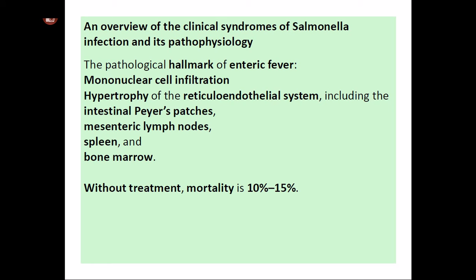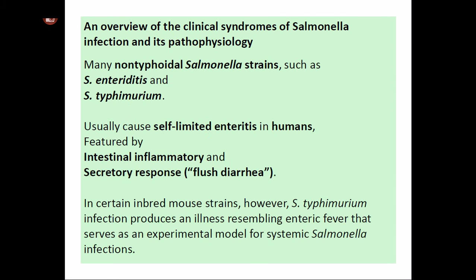Then there is hypertrophy of reticuloendothelial cells, inflammation in the intestine, Peyer's patches and intestinal inflammation, then spleen and bone marrow inflammation. As a result, without treatment the mortality rate is 10 to 15% in Western countries, but in third world countries like India and Africa, this mortality rate is a little bit higher.